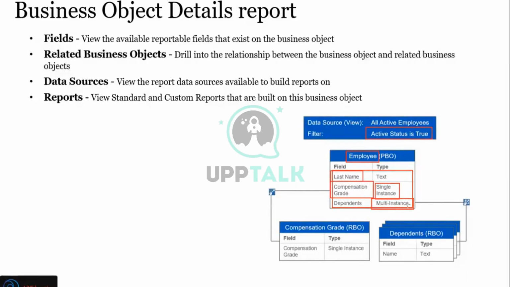That is a multi-instance. While each person can only have one grade, a person can have multiple dependents or zero to multiple dependents. While an employee has a one-to-one relationship with a grade, an employee has a one-to-many relationship with dependents.